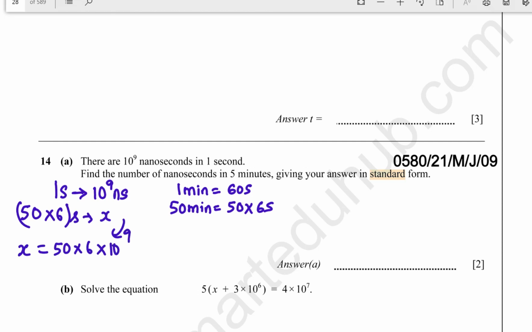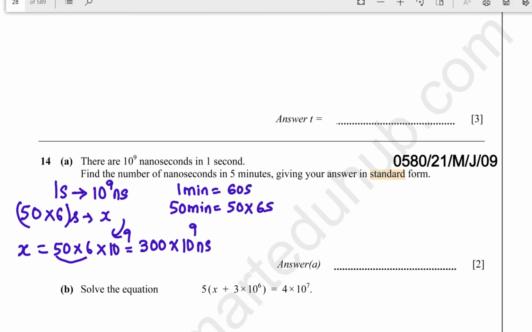of 9. So 5 into 6 is 30 and 30 into 10 is 300. So we are going to write this down as 300 into 10 raised to 9 nanoseconds.